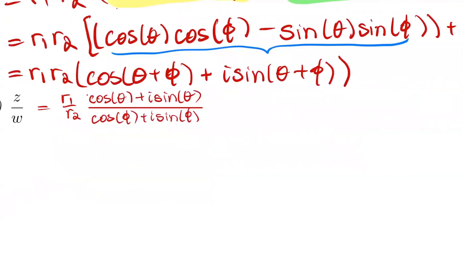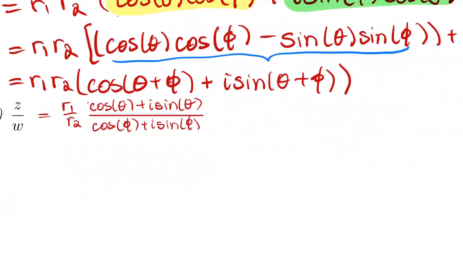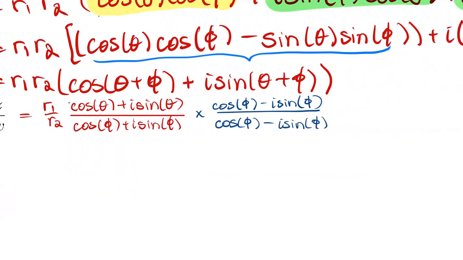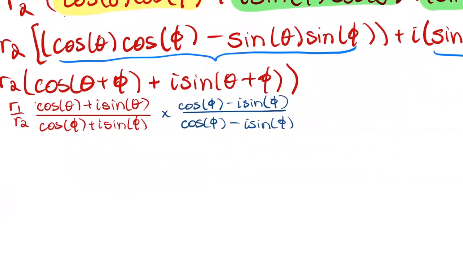So now I'm also going to be multiplying by the complex conjugate, cos phi minus I sine phi, on both the top and the bottom. And what we get in the denominator, which is a difference of squares, is cos squared plus sine squared, so that's going to be 1.